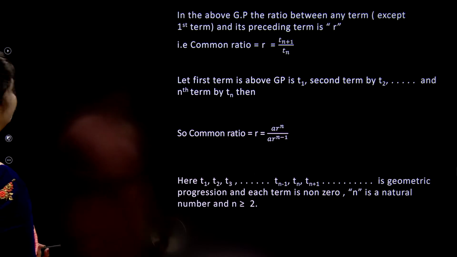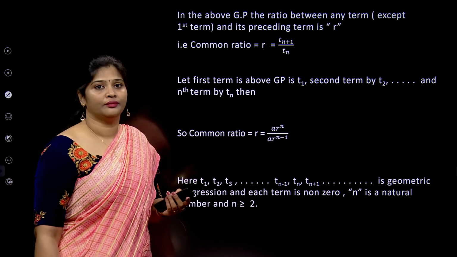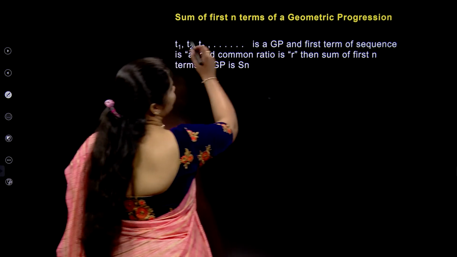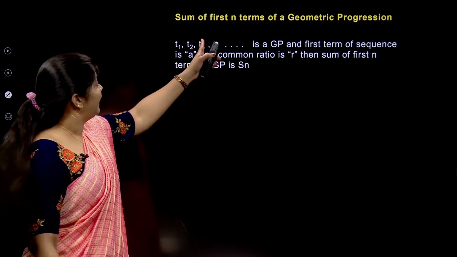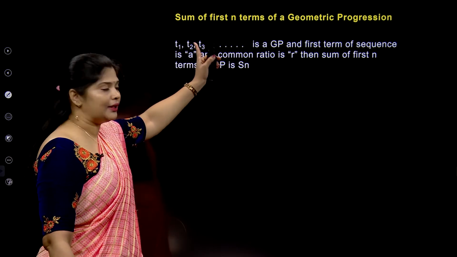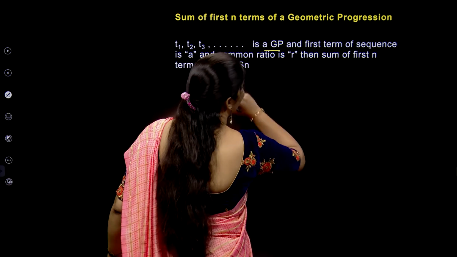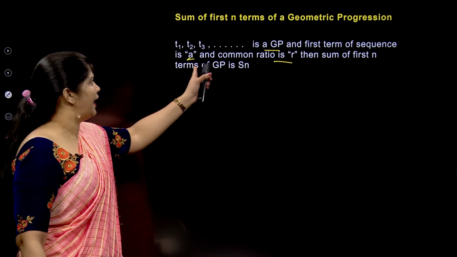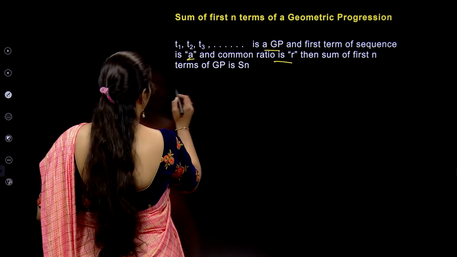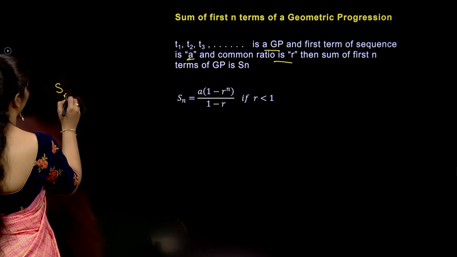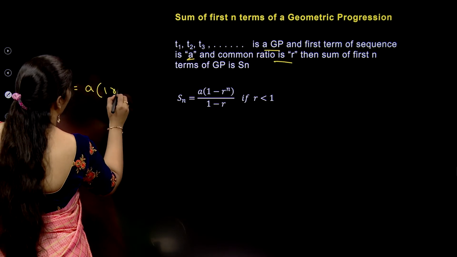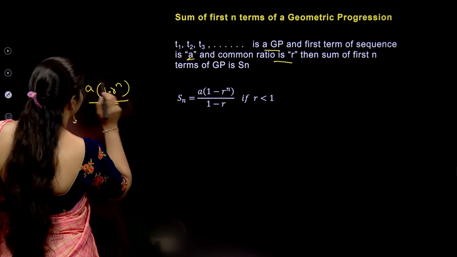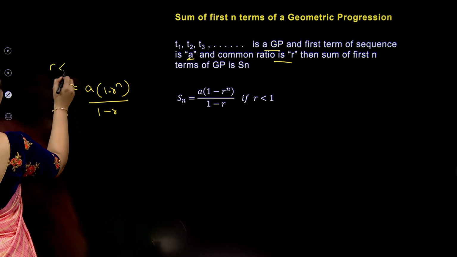Next, sum of first n terms of a GP. If T1, T2, T3 and so on is a GP, and the first term of the sequence is A and the common ratio is R, then the sum of first n terms of the GP is Sn equal to A into 1 minus R power n by 1 minus R, when R is less than 1.